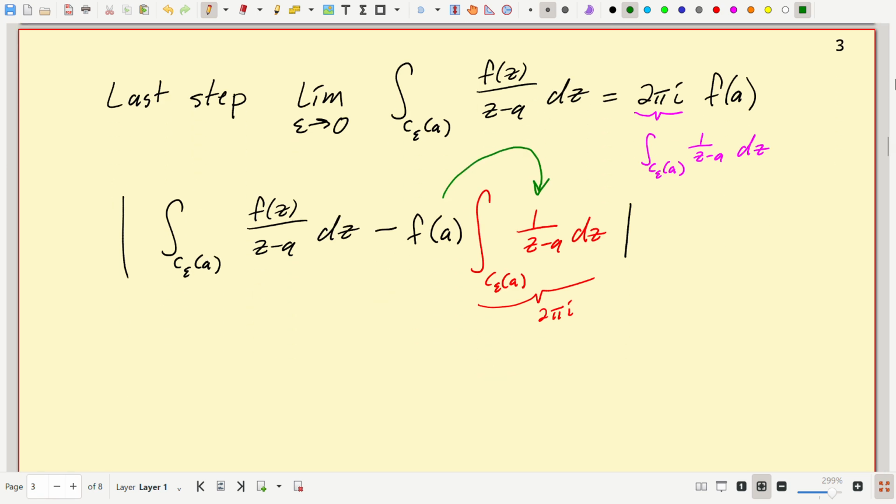And so this integral becomes, I've got the modulus of the integral around c sub epsilon of a. On the top I'm going to have f of z minus f of a. This is going to look like a difference quotient.